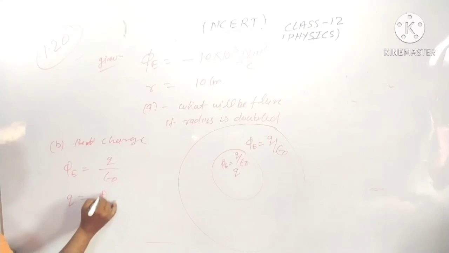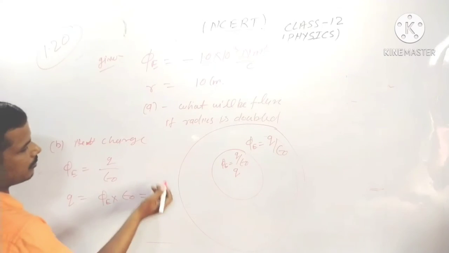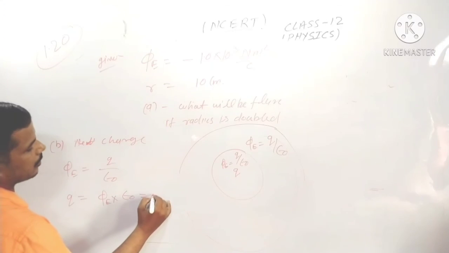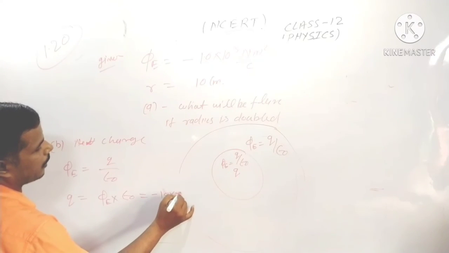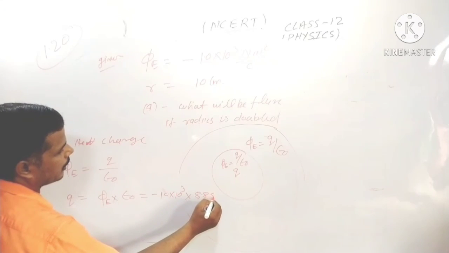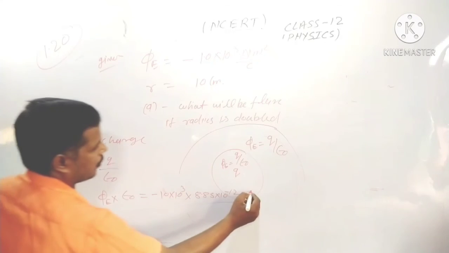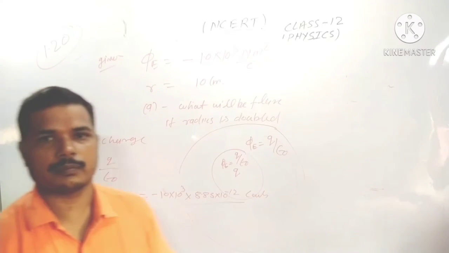Q is equal to phi E into epsilon naught. Put up the value. Phi is given minus 1.0 into 10 power 3 and the value of epsilon naught 8.85 into 10 power minus 12 coulomb. Solve it, you will find the answer.